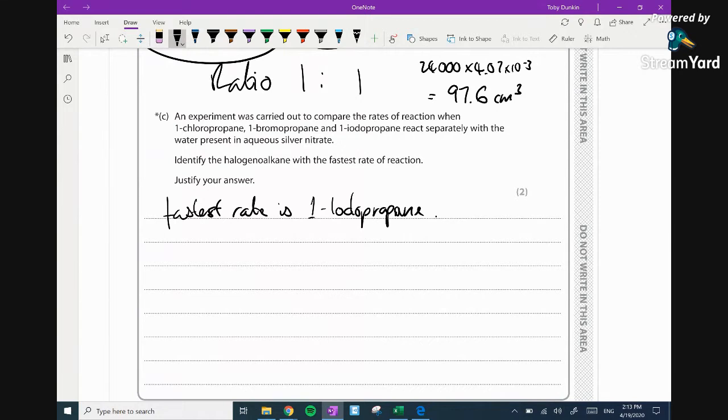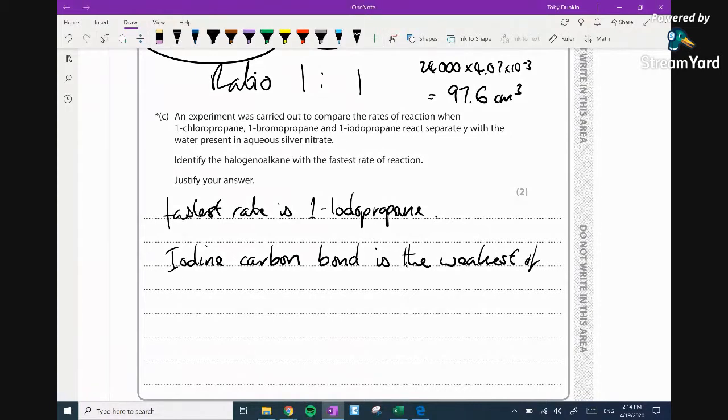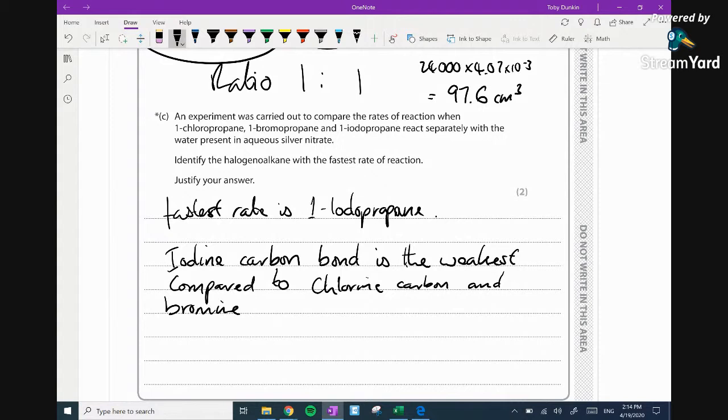The reason being is because the iodine-carbon bond is the weakest compared to the chlorine-carbon and bromine-carbon bond.